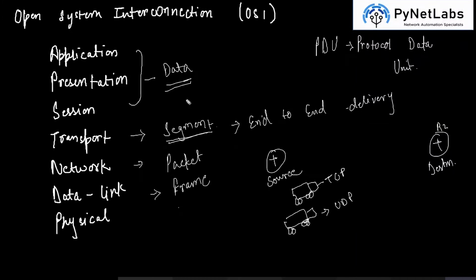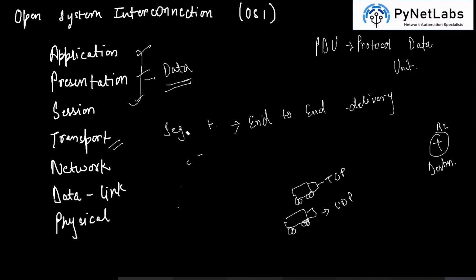Before that, I want you to be clear about the application, presentation, and session layers. You all know the roles of these three layers. And now we are going to talk more about the transport layer. Is it clear till now? Yes? Good. So we will now discuss more about TCP and UDP before moving further.